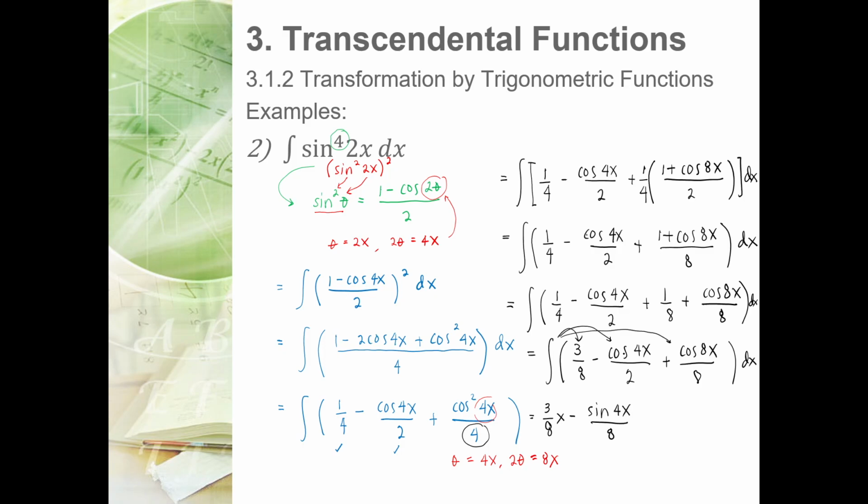It's over 8 because it's 1 over a, that's 1/4 times 1/2, that's 1/8. And then we have sine 8x all over, so 8 times 8, that would be 64, plus c. So this would be the final answer.